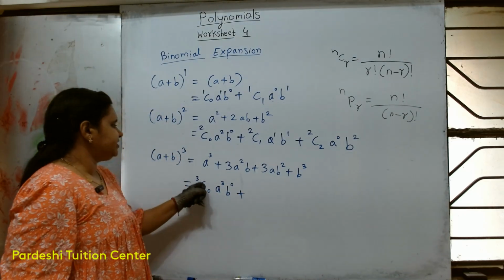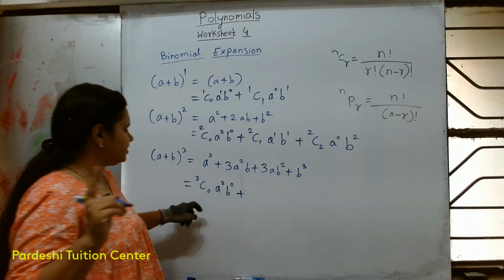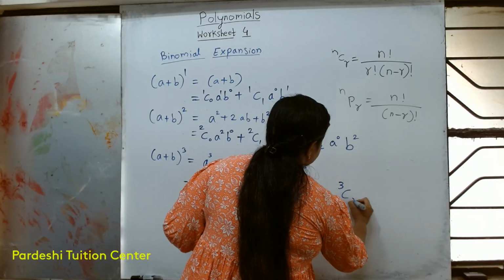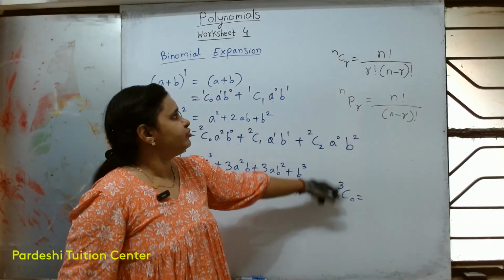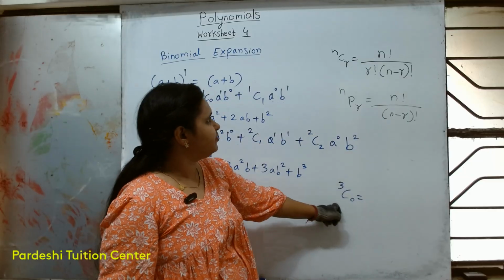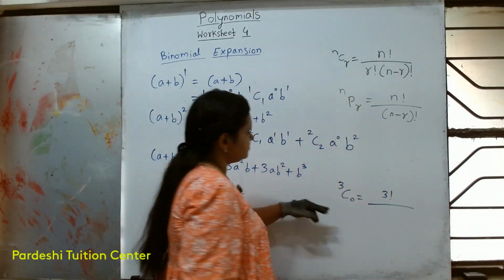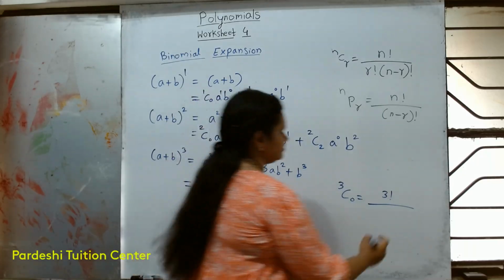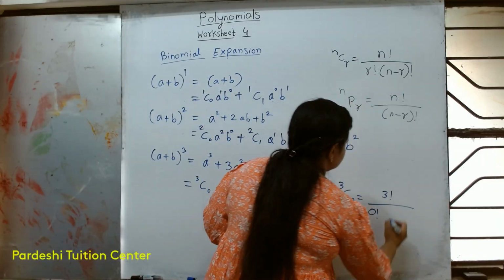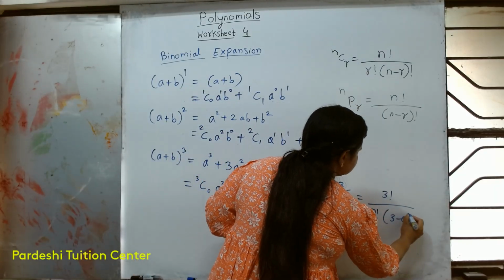Okay. Let us check if 3c0 is coming as 1. If I take 3c0, again put it in the formula of combination, it will be n factorial, that is 3 factorial. R is 0 here, so it will be 0 factorial. Again n minus r is 3 minus 0 factorial.